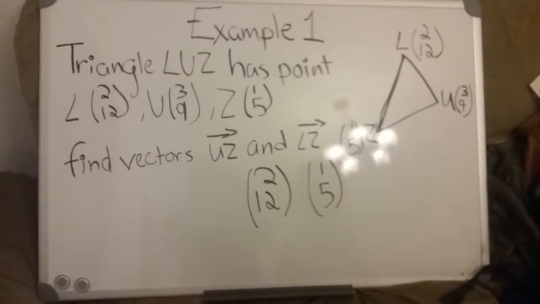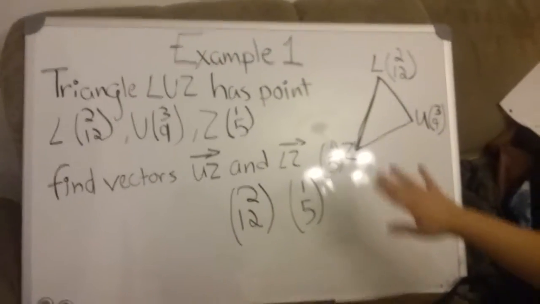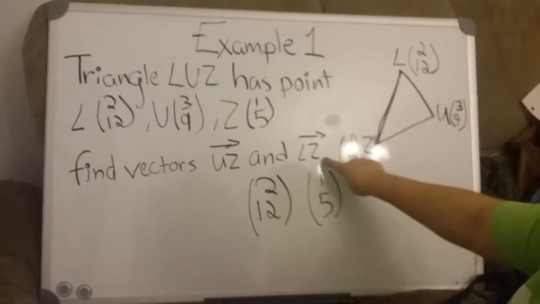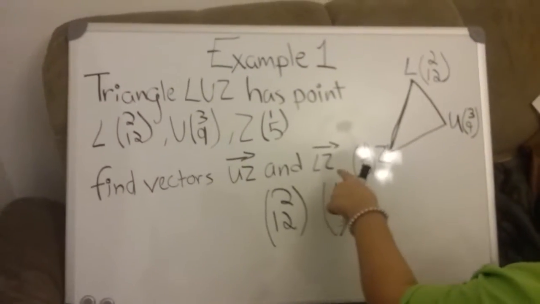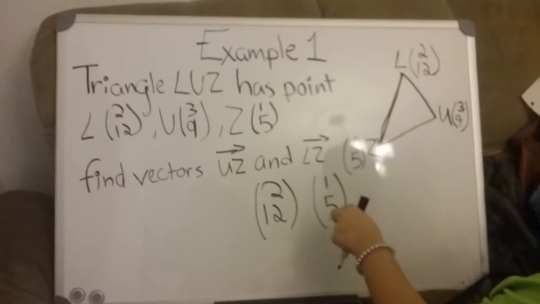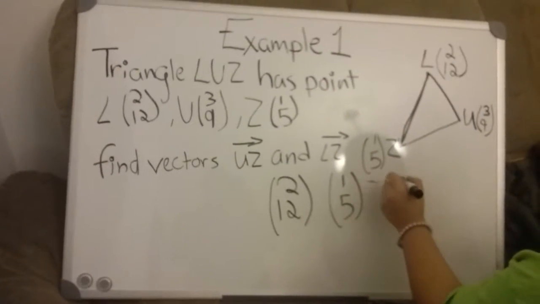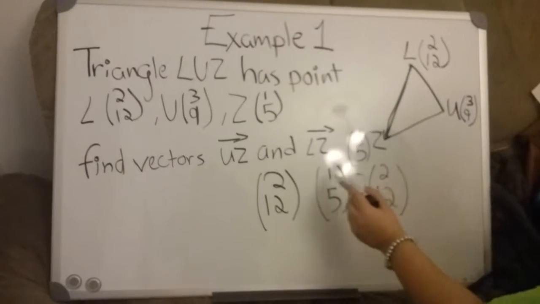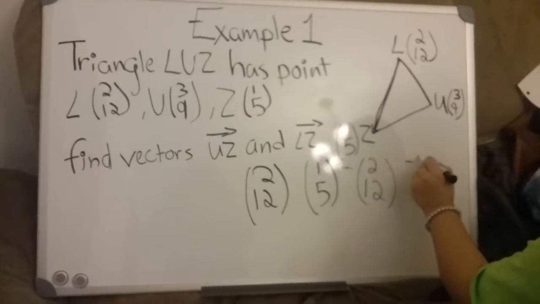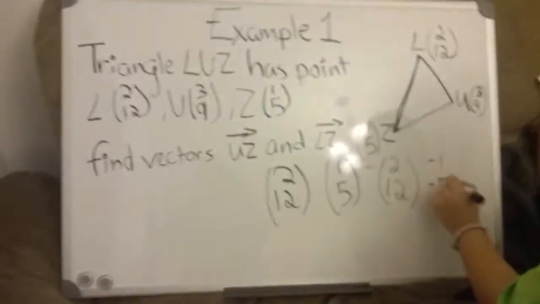Now, to find the vector LZ, we subtract the starting point from the end point. So we get, in component form, (1, 5) minus (2, 12). That gives us 1 minus 2 is negative 1, and 5 minus 12 is negative 7.